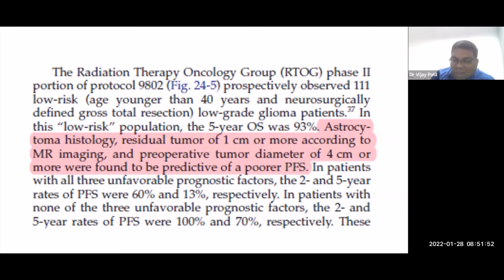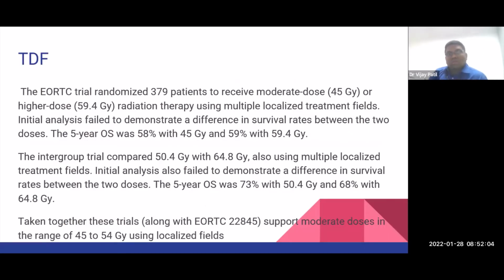So that is the way I would take a decision in clinic. Like, okay, the patient age is less than 40, he has complete resection, whether astrocytoma histology is there or not there. So now, I would classify the low risk into another group, whether there is astrocytoma histology or not.